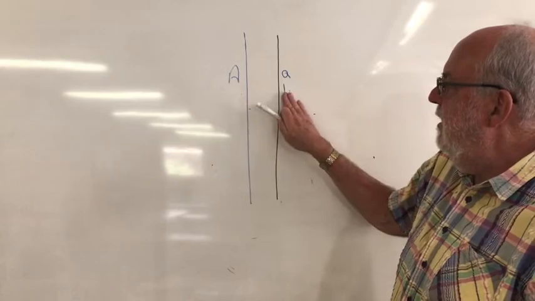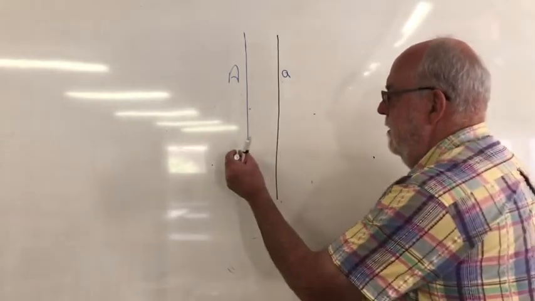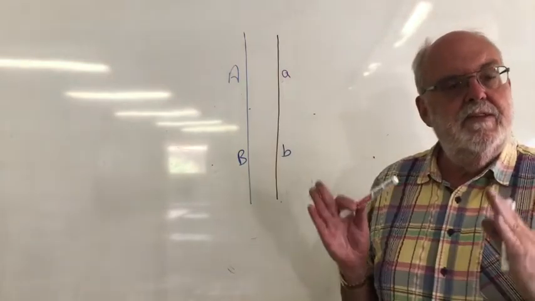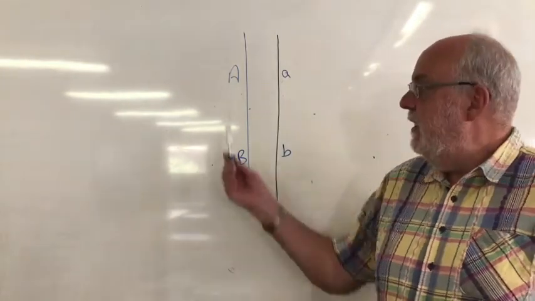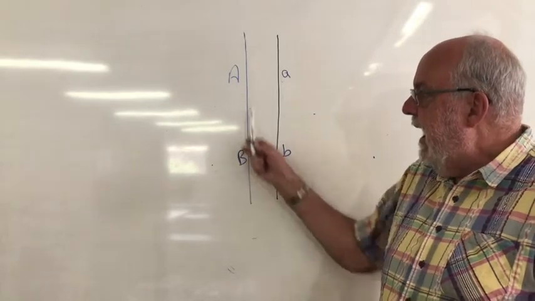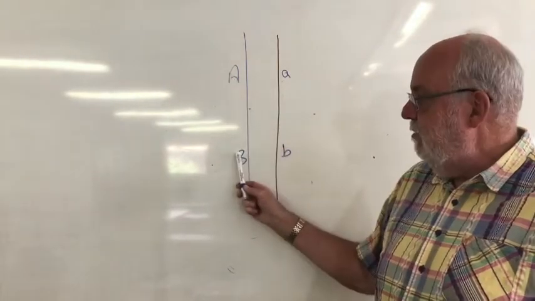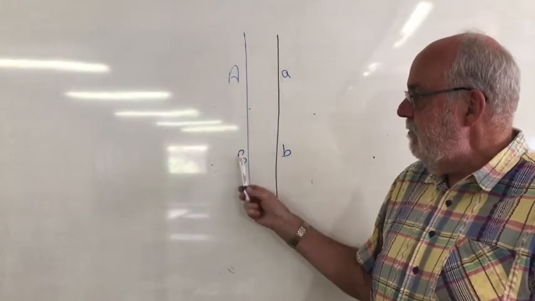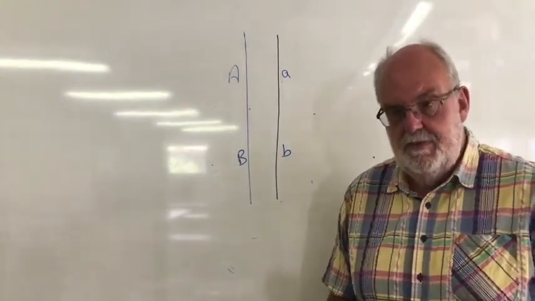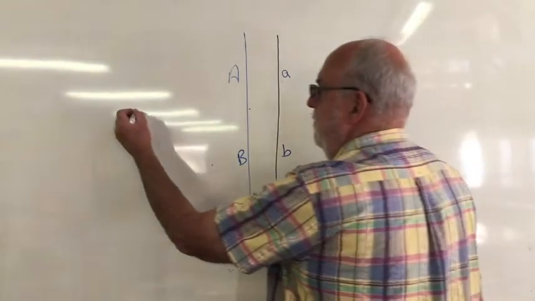If they're further apart, like that, then there's obviously a greater chance that the crossing over will happen somewhere in this gap here, and that ultimately these alleles will become separated. And we can work out something called the crossover value.